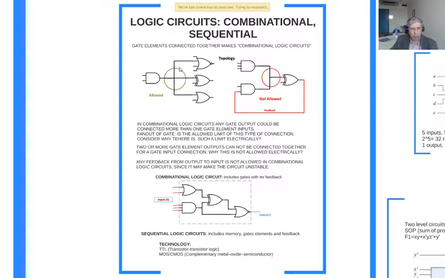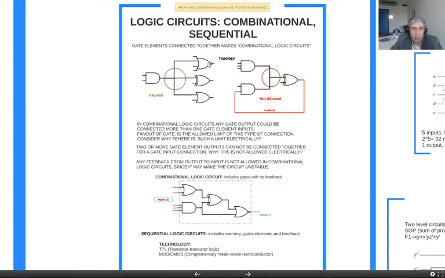We have seen all those. Now, when we connect those together, we are going to set up logic circuits. When we say that we connect them together, we've got to pay attention because there are some restrictions: some connections that we cannot do, and some that we can.